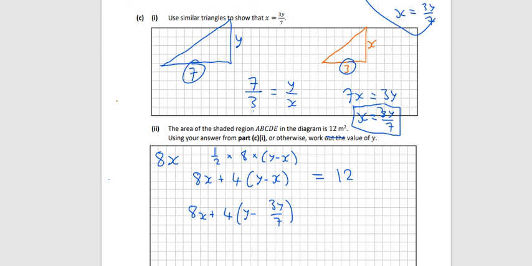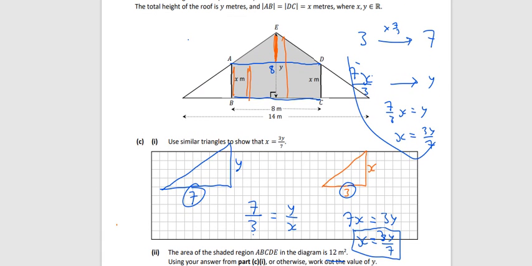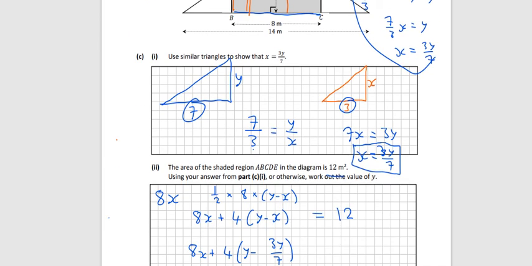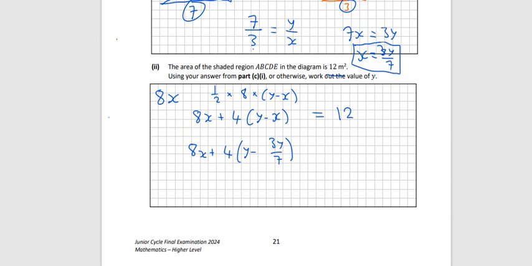Did I do that right? Yeah. So a 3y over 7 has to go in instead of the x as well here. So 8 times 3y over 7.